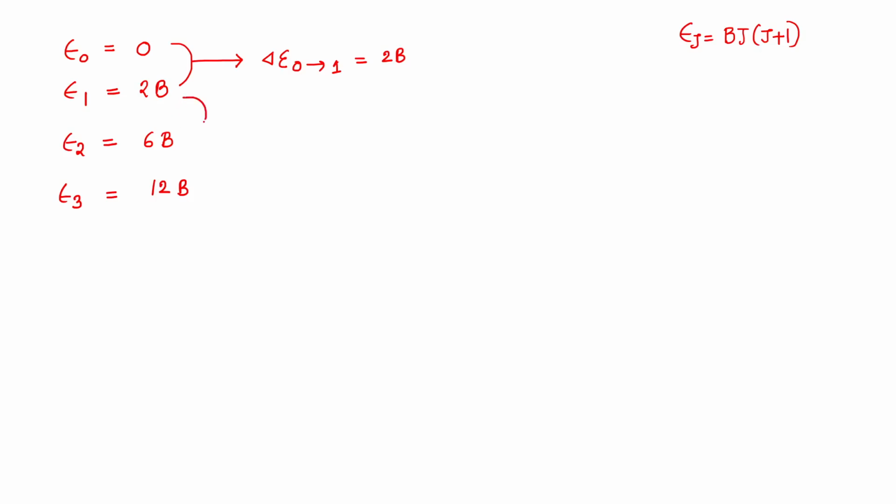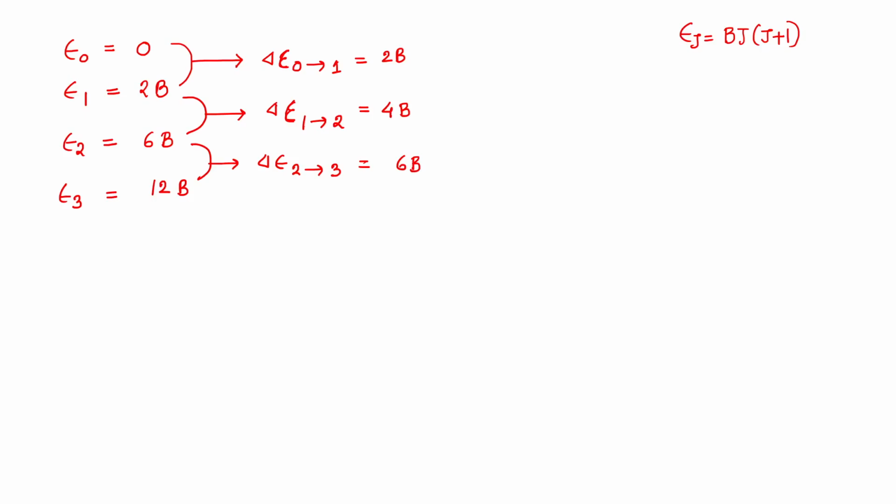Now, for the transition from 1 to 2, we are going to get the transition energy as 4B, right? And 2 to 3 is 6B.